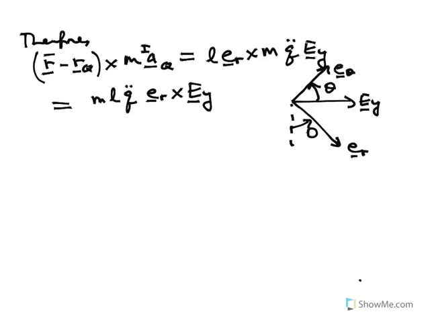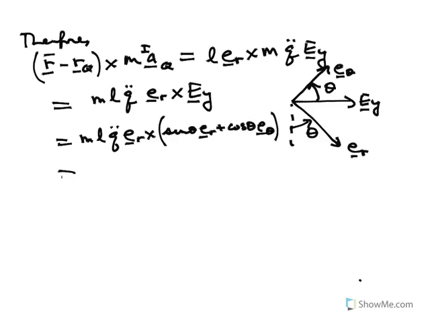So this is equal to M L q double dot Er crossed with sine theta Er plus cosine theta E theta, which is equal to M L q double dot, and now Er crossed with E theta is Ez, and there's a cosine theta in there. So that's the last term.